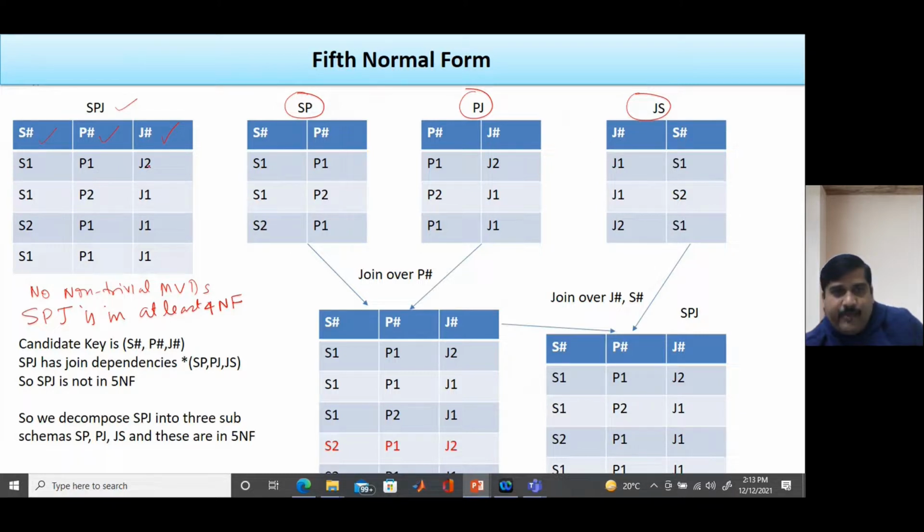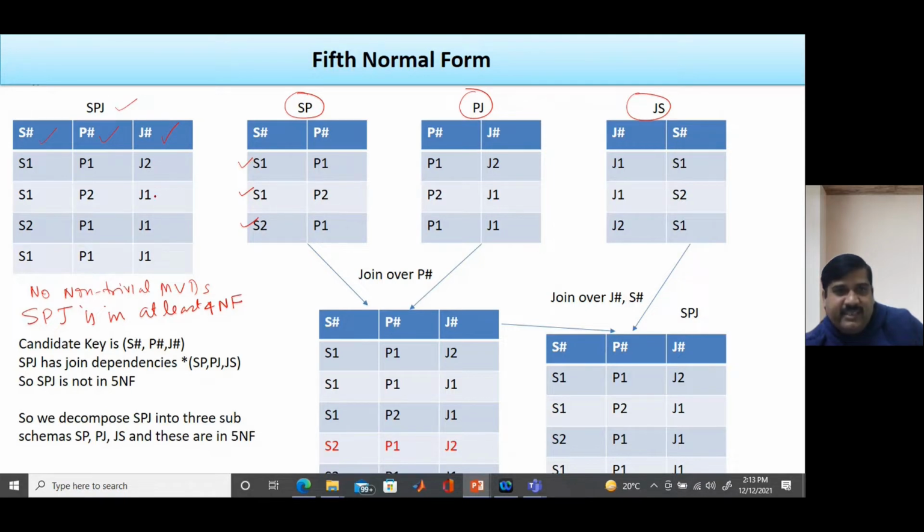These are the various records: S1 P1, S1 P2, then S2 P1, and the redundant S1 P1 is automatically removed. Similarly in PJ, we have P1 J2, P2 J1, P1 J1.